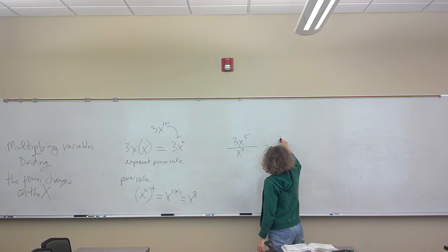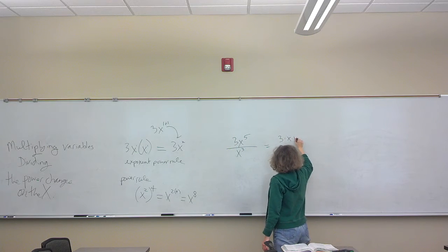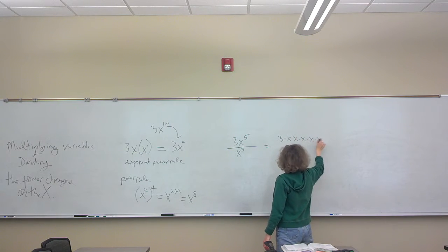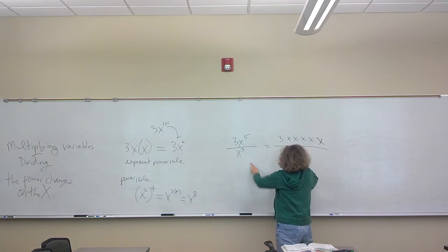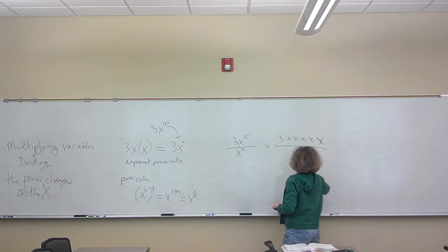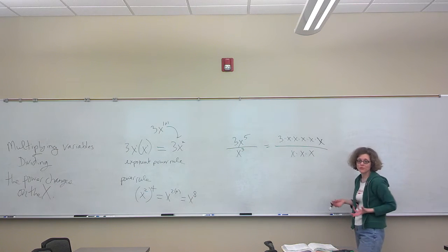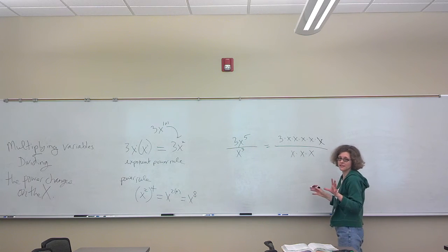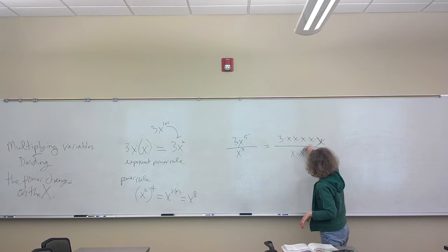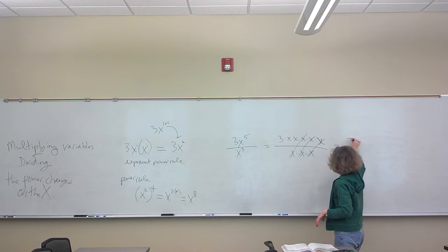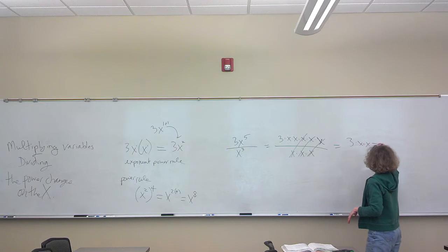This is the same as saying 3 times x times x times x times x times x over 3x is x times x times x. Since it's all multiplying, you can cancel out anything that's the same in top and bottom. So we've got 1x, another x, and another x. So we're left with 3 times x equals 3x squared.